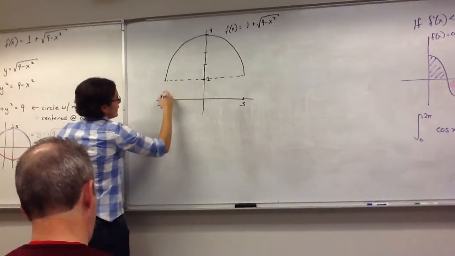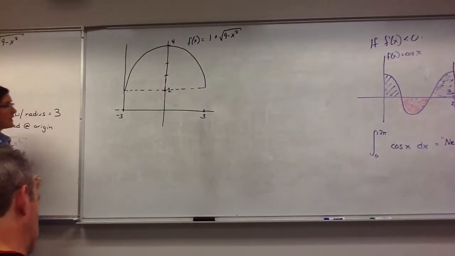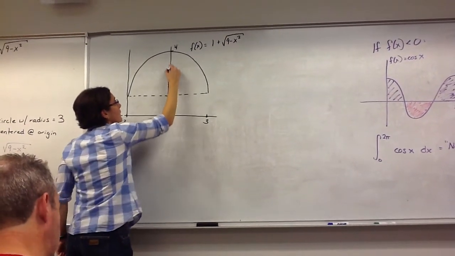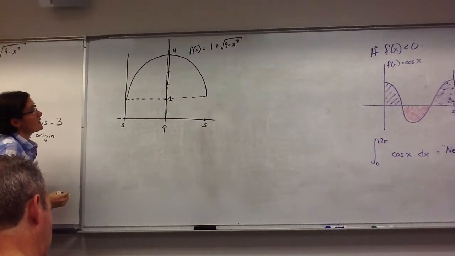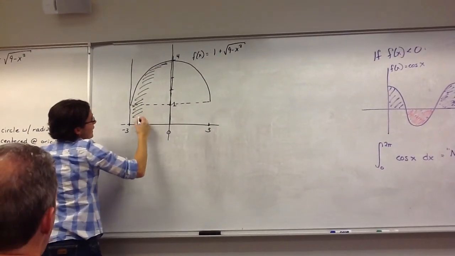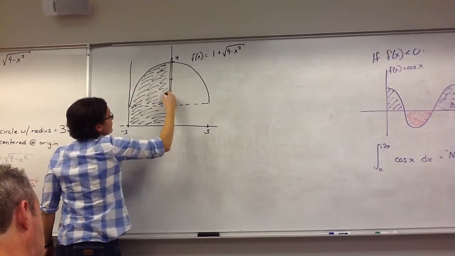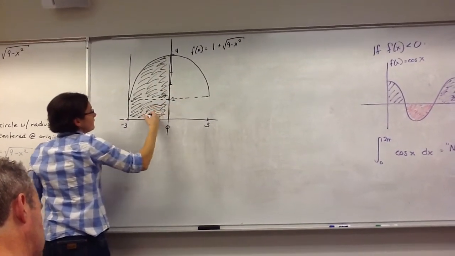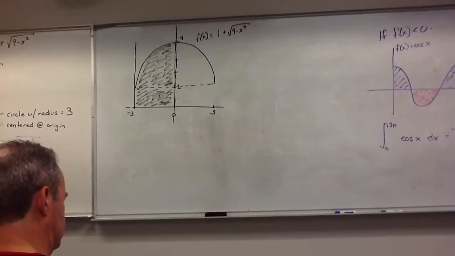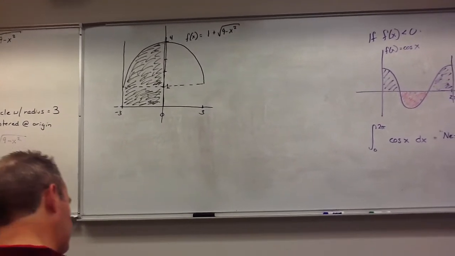I'm going to draw a vertical line here at x equals -3, and also a vertical line here at x equals 0. We are interested in the area under our function and above the x-axis. Okay, so that is our region we're looking at.